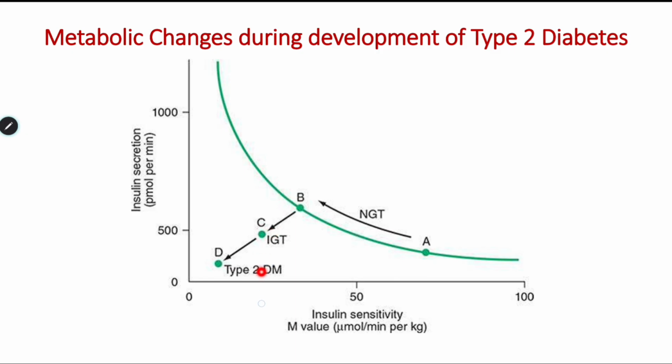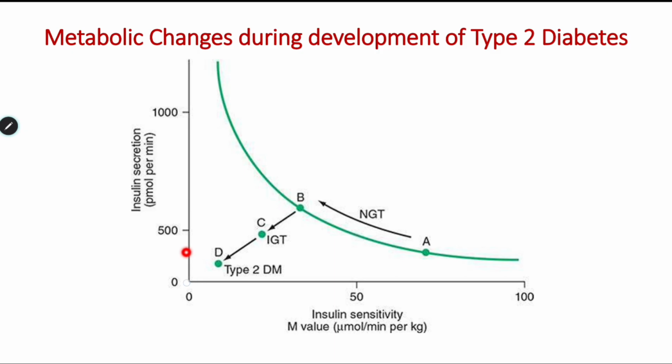Insulin sensitivity goes on decreasing further, and even the insulin secretion decreases further because the body is not able to compensate for the insulin requirements, and that is when at point D there is type 2 diabetes.